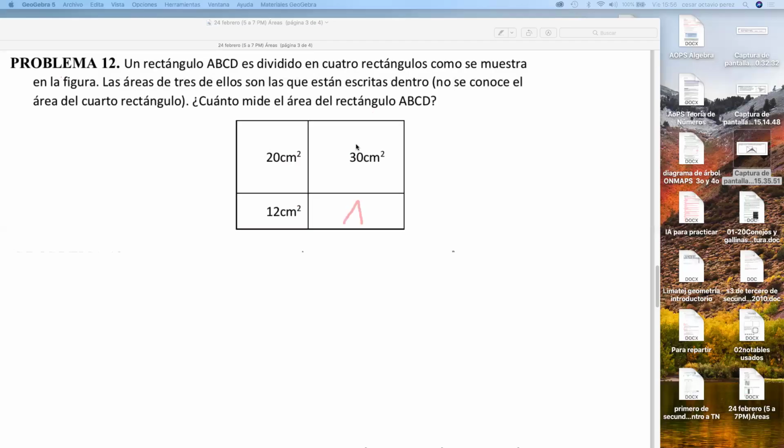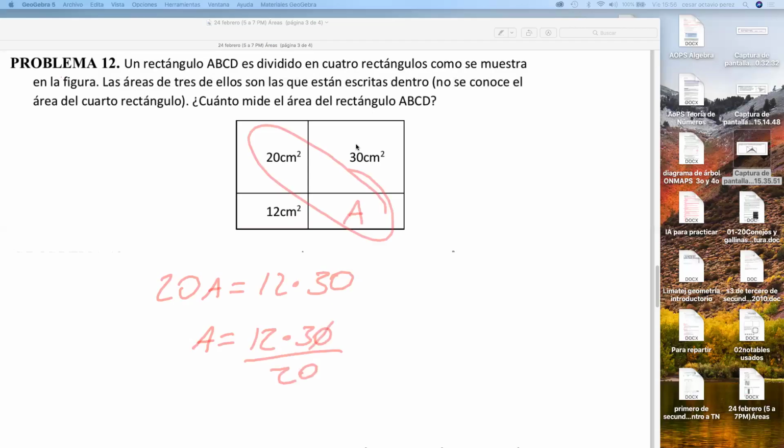let's call this A. 20 times A is equal to 12 times 30. So A will be 12 times 30 divided by 20. We're going to get 6 times 3, and it will be 18.